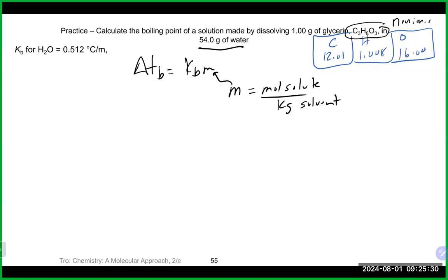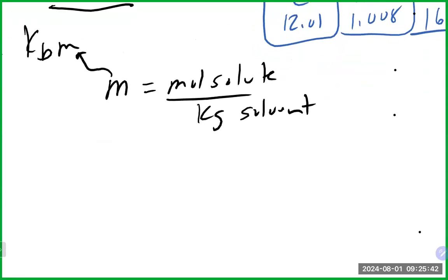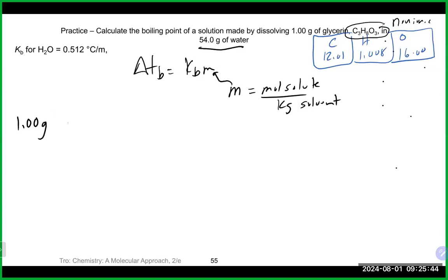So to do that, we do need to convert our 1 gram of glycerol, which was C3H8O3. We obviously will need the molar mass from the periodic table to do that.